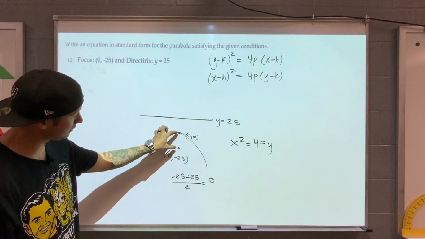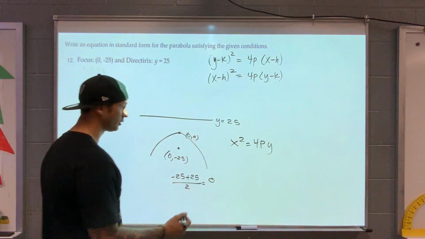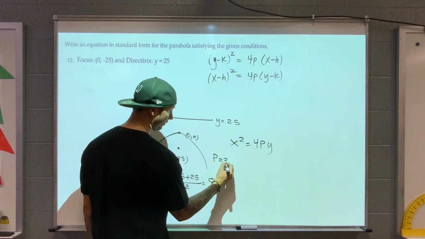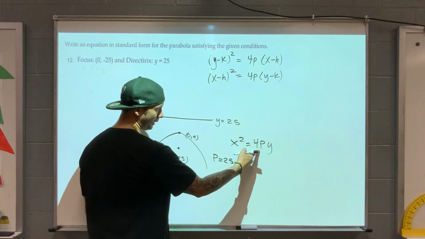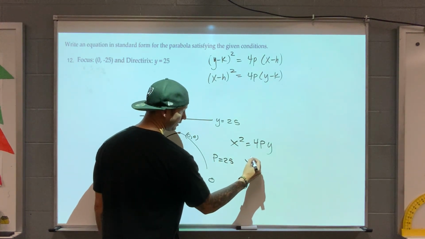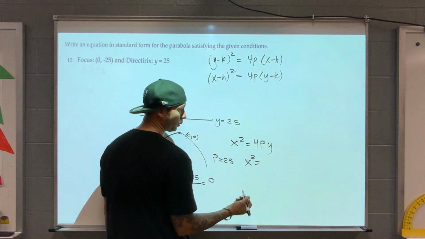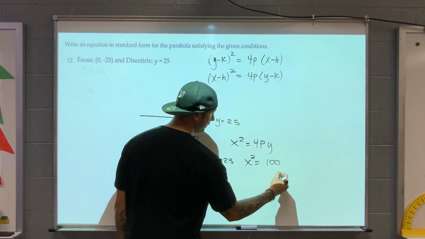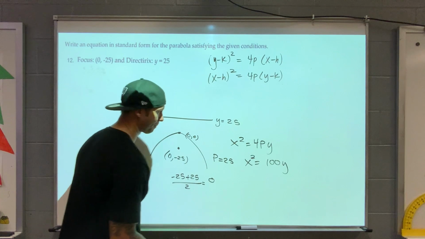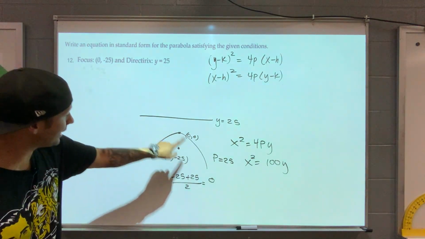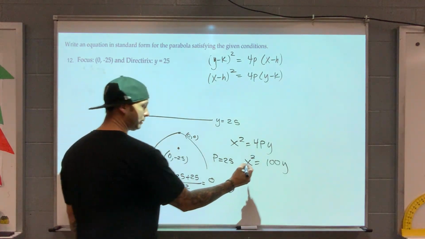So this distance is 25. So p is equal to 25. So we plug in p, we get x squared is equal to 4 times 25. So 4 quarters, that equals $1. So 100 y. It opens downward, so this value must be negative.